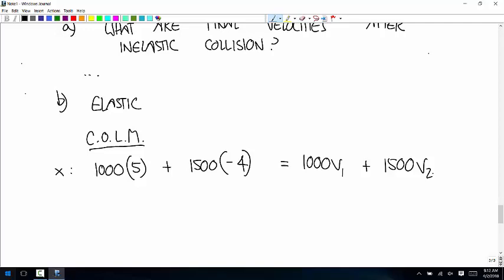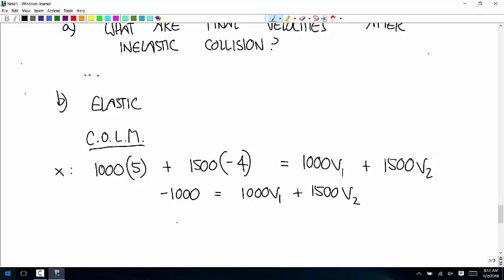What do you get here? 5,000 minus 6,000, so negative 1,000 is equal to 1,000 V1 plus 1,500 V2.